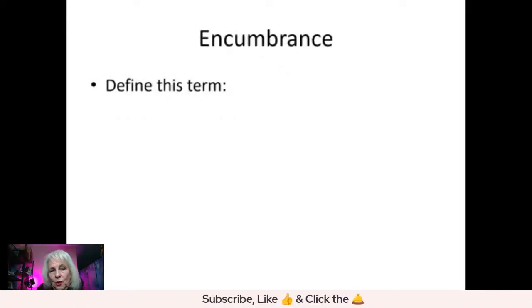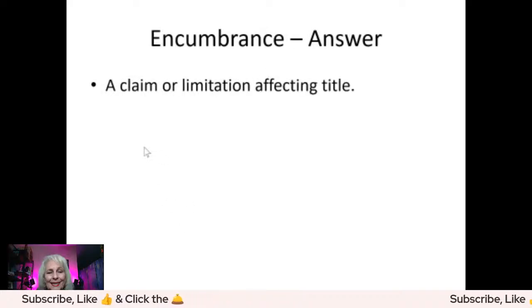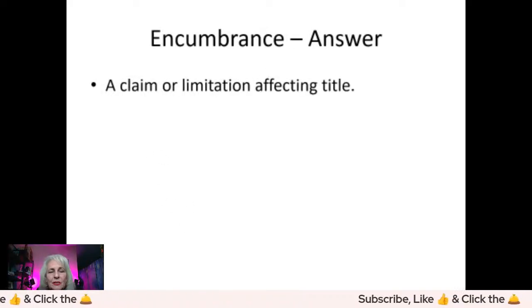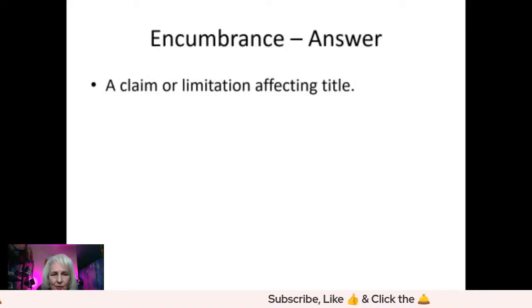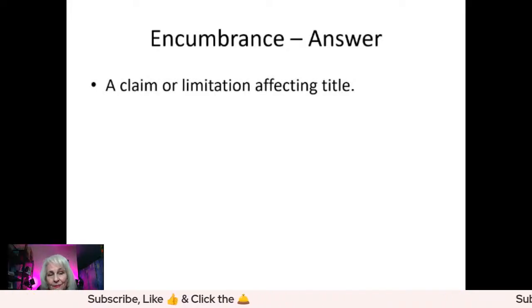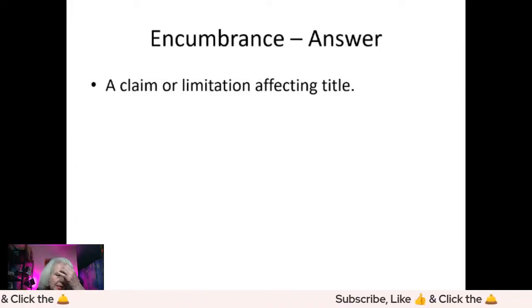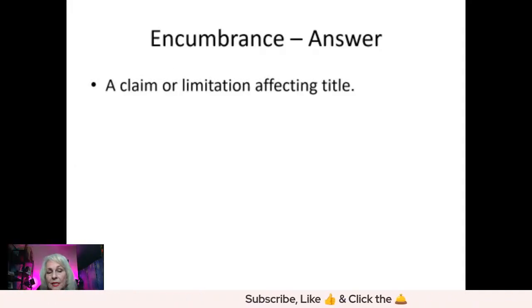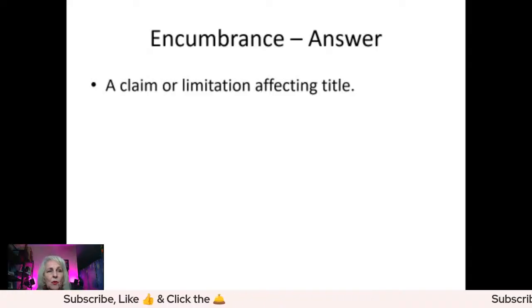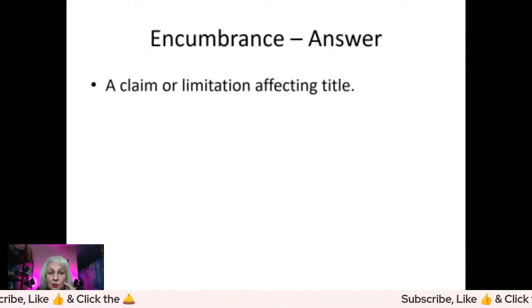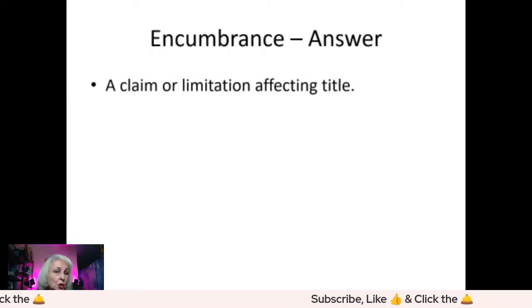Encumbrance. What is an encumbrance? It is a claim or limitation affecting the title. So that's kind of uneasy to understand, right? So an encumbrance can be a lien, a loan that's attached to the property, a claim of someone that has a judgment on the property, a mechanical lien.